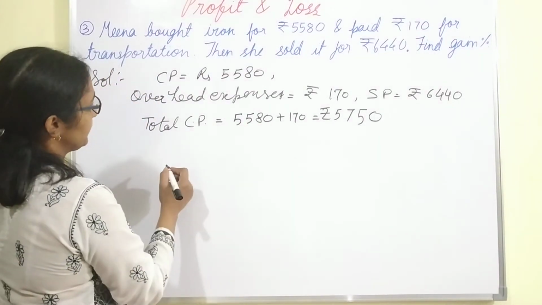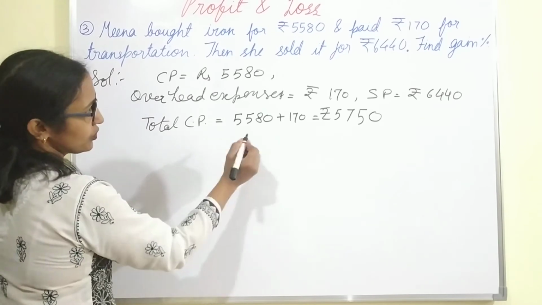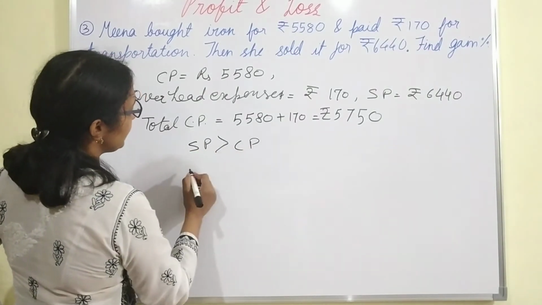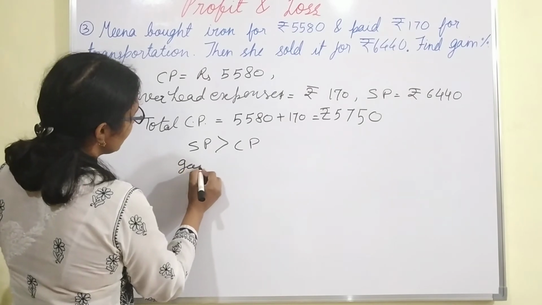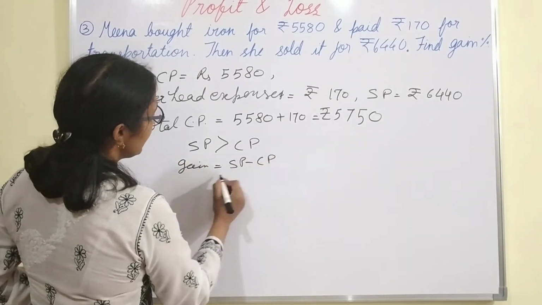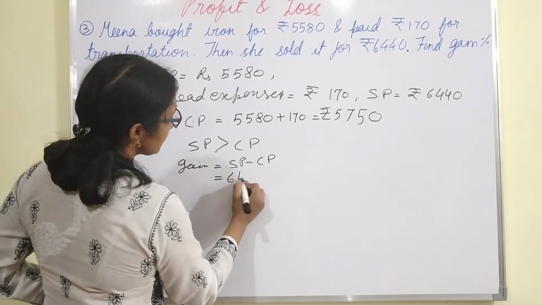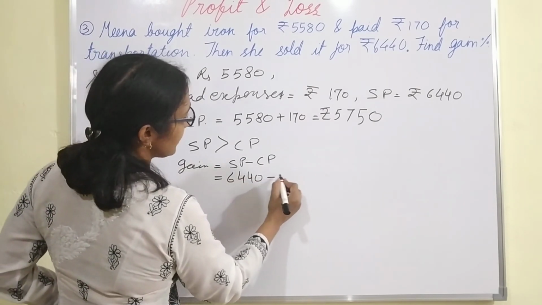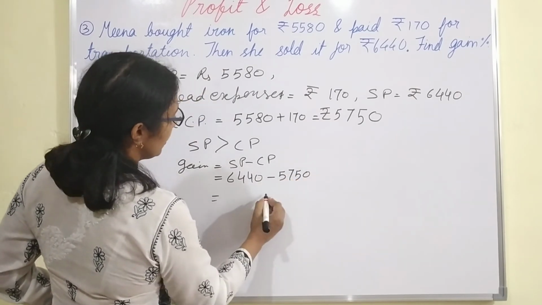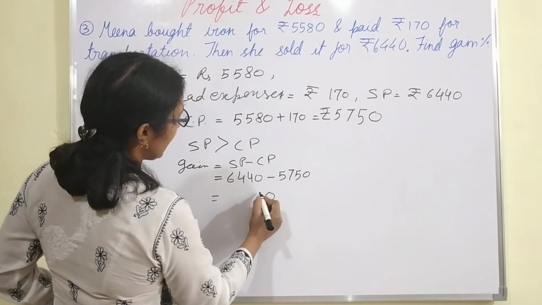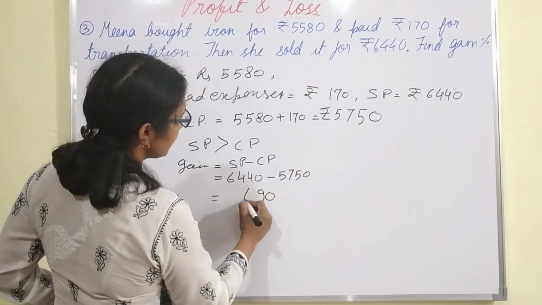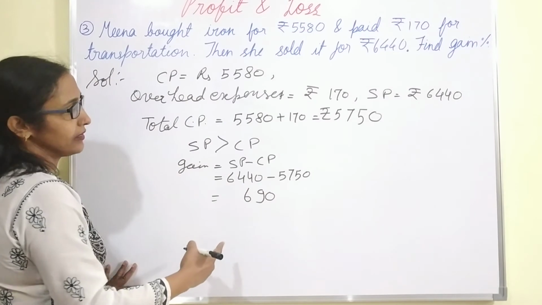SP is greater than CP, so gain equals SP minus CP, that is 6440 minus 5750, which is 690.